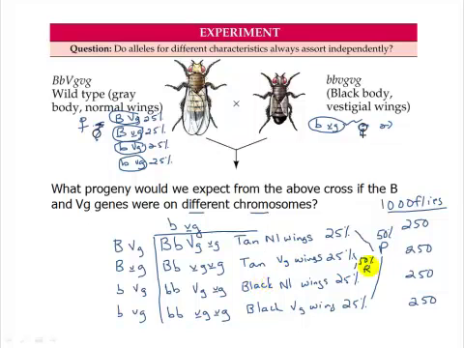That's a new combination of traits. 50-50, right? 250 progeny showing each.